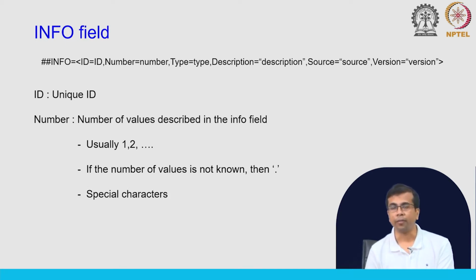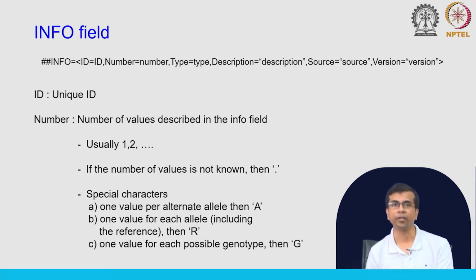In addition, sometimes we can have special characters instead of numbers or dot. These special situations are here. In some cases we might have one value per alternate allele, and then we will use the letter A for this Number. So, you will see Number equals to capital A, which means we will see one value per alternate allele.